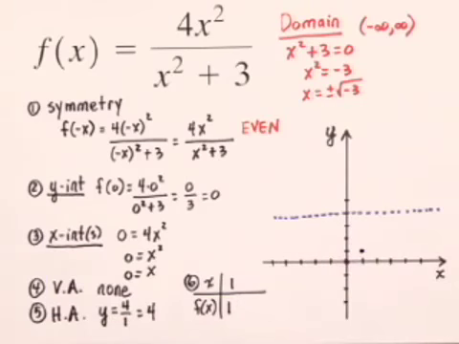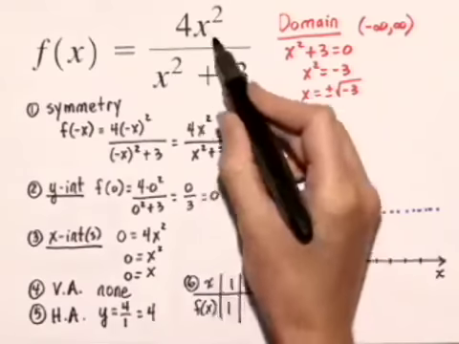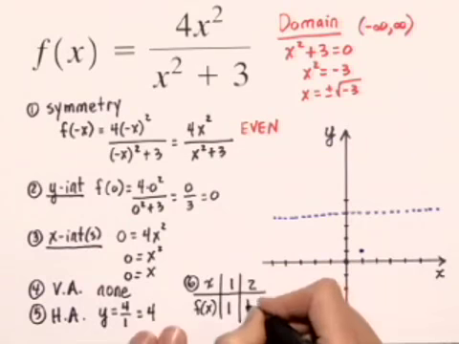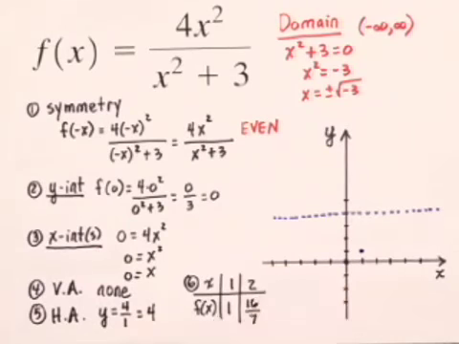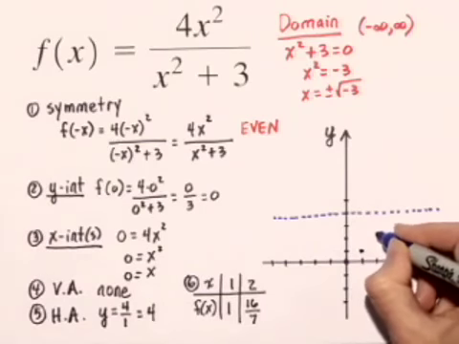And let's pick another one. Let's let x equal, say, 2. If I substitute 2 into my original function, I get the function value of 16 over 7. So that's a little bit more than 2. So when x equals 2, the function value is a little bit more than 2.